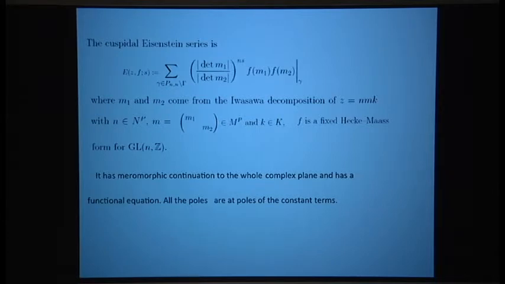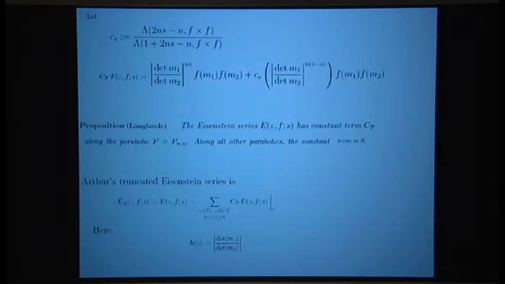So the constant term of this cuspidal Einstein series will involve our Rankin-Selberg L-function. So that's why the method will work. So now let's define c(s). That's the ratio of the completed Rankin-Selberg L-function. And c(s) is the constant term of this cuspidal Einstein series.